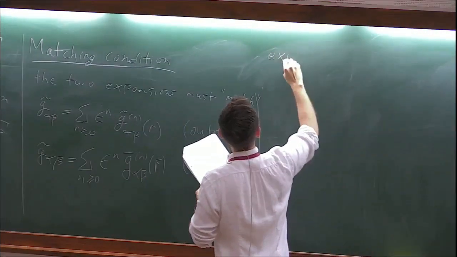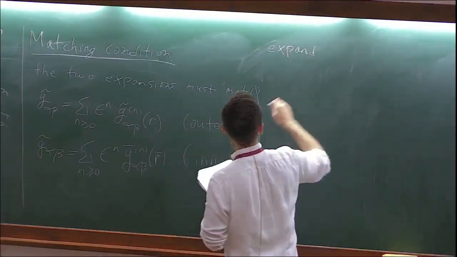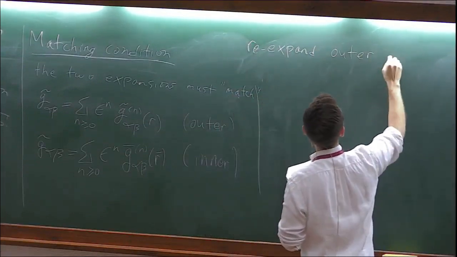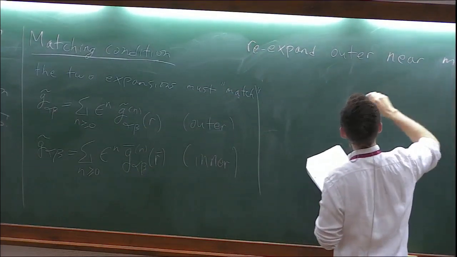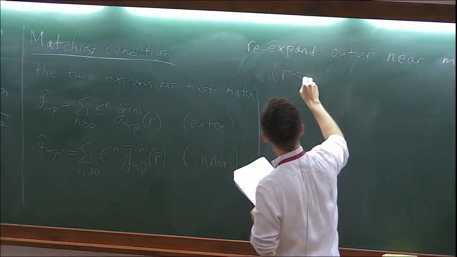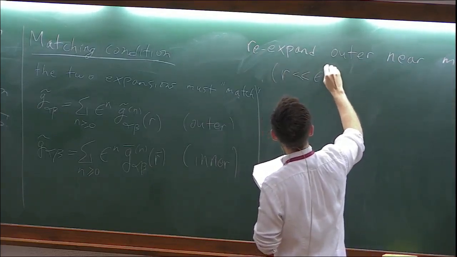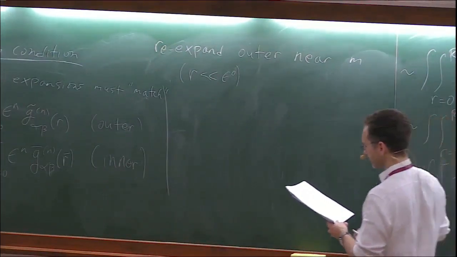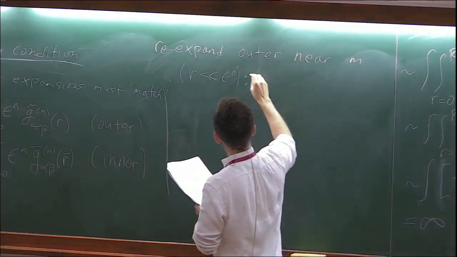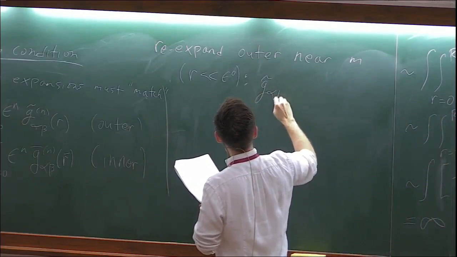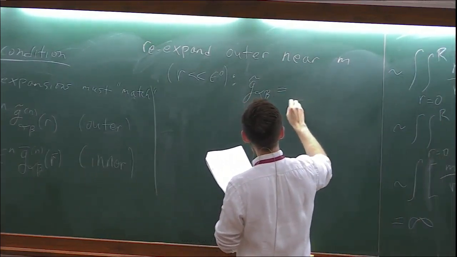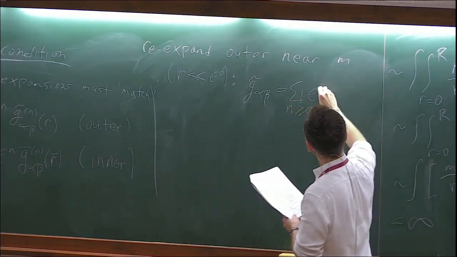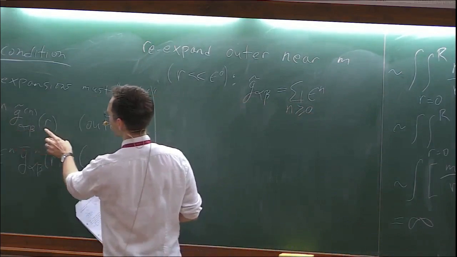So let's re-expand the outer expansion near the small object, meaning r is small, so much smaller than capital M, for example. Then we have the exact metric as a double expansion. We've now re-expanded each of these coefficients when r is small.